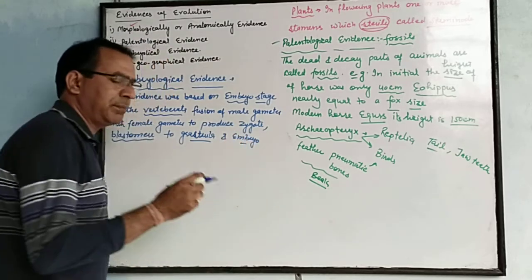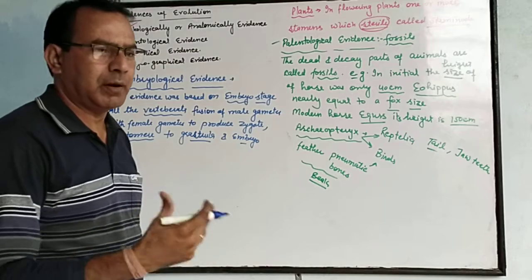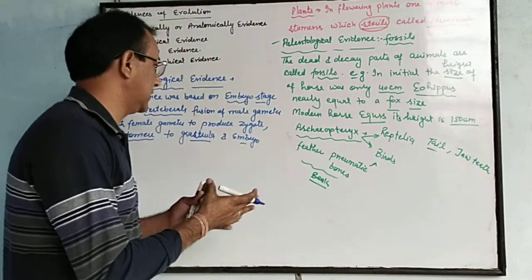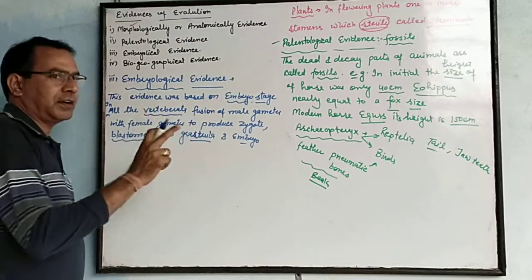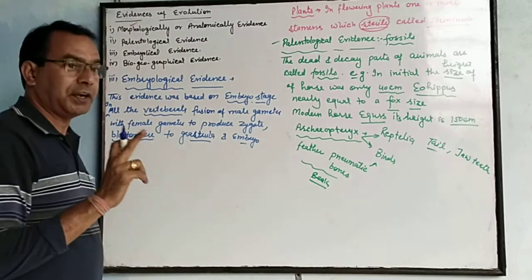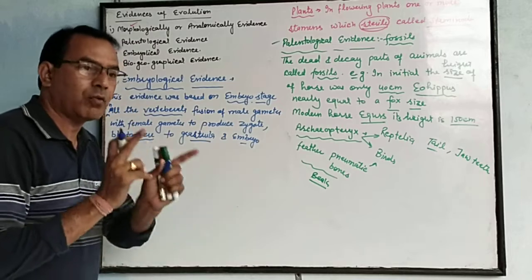As we compare Pisces, amphibian, reptilia and mammalia, we can see that at the embryo stage all these vertebrata contain a similar embryo. It means we all have a common ancestor.